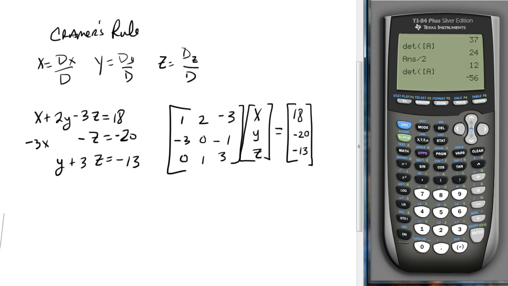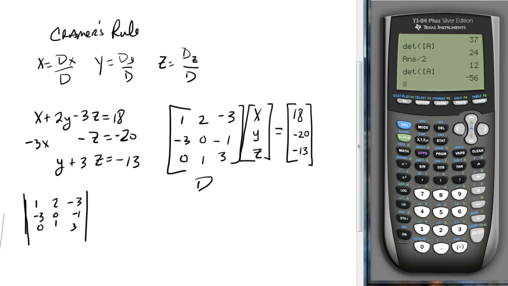Now, this is going to give me the D. I'm just going to show the work. I'm just going to set it up: 1, negative 3, 0, 2, 0, 1, negative 3, negative 1, 3. If they ever say do this by Cramer's rule, this is what you're allowed to do.